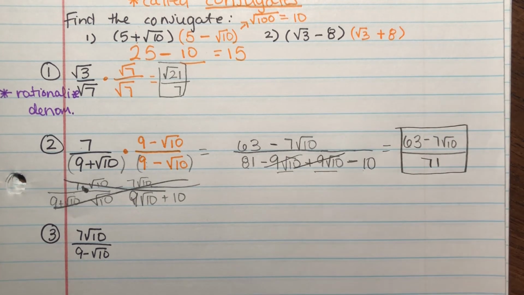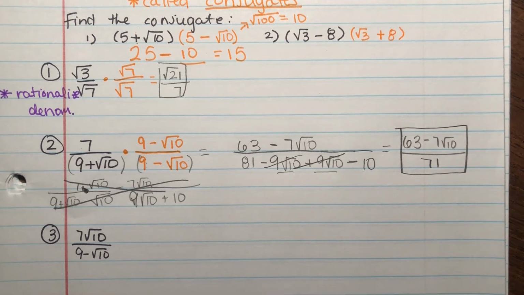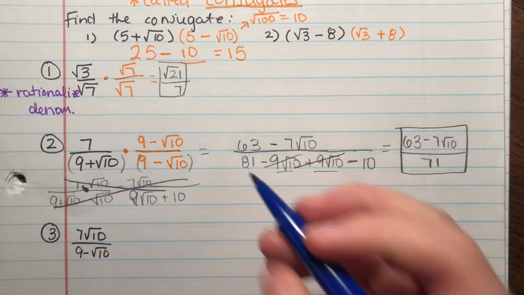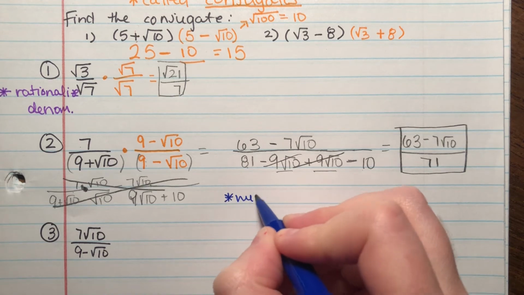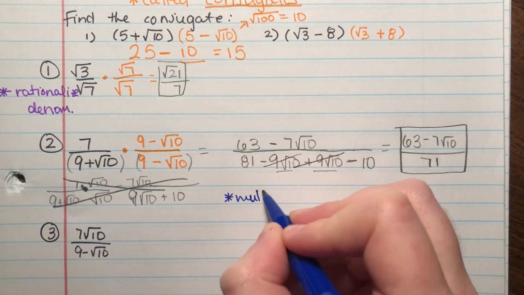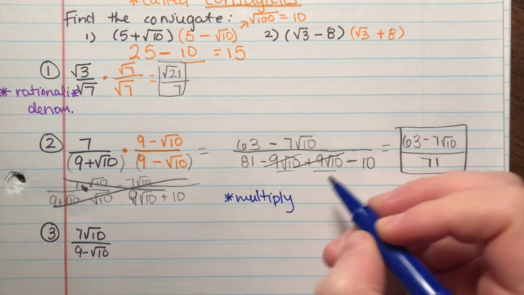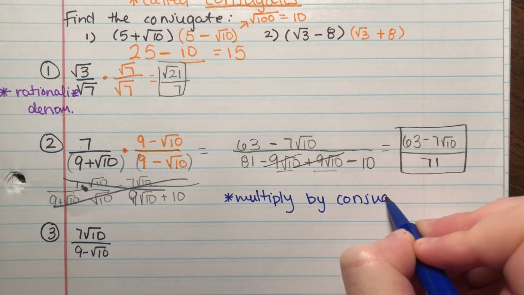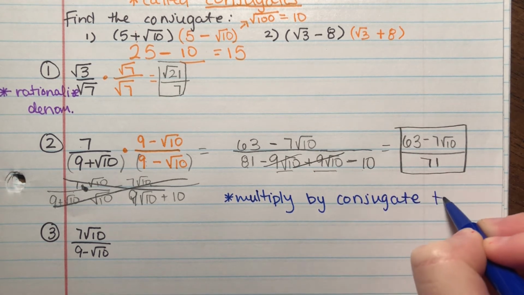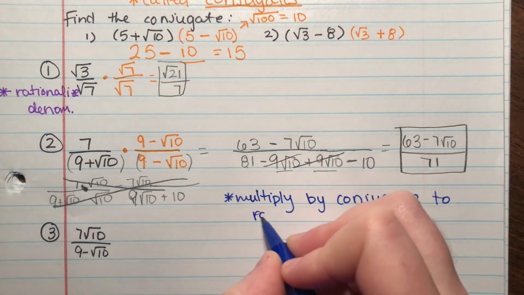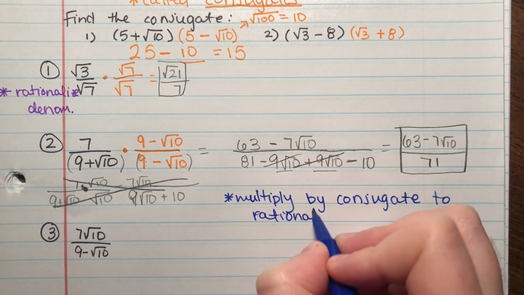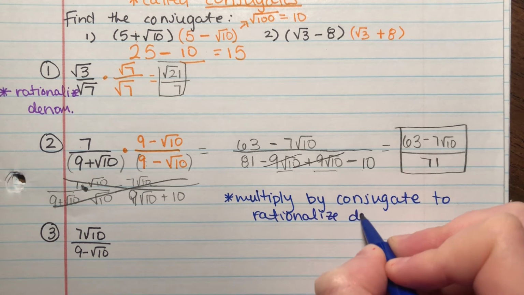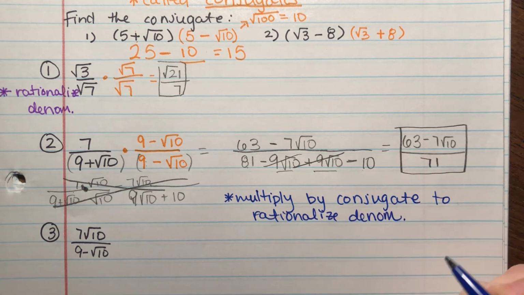So the way to get rid of the radical in the denominator is to multiply, I'm having a little trouble spelling today, multiply by the conjugate to rationalize the denominator. I'm just going to put denom, but we'll know that that means denominator.